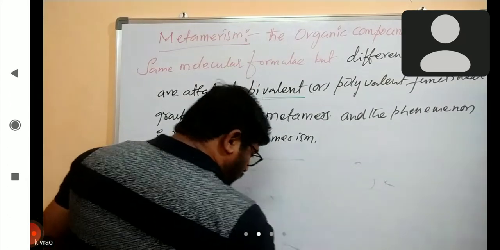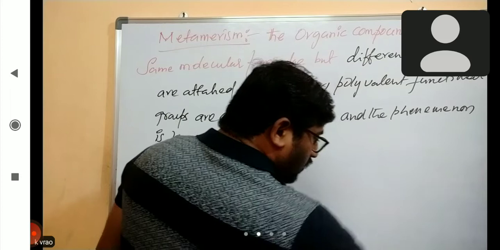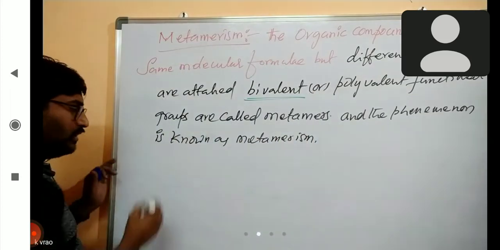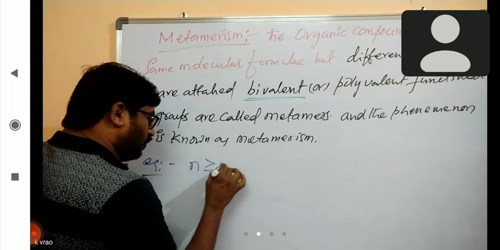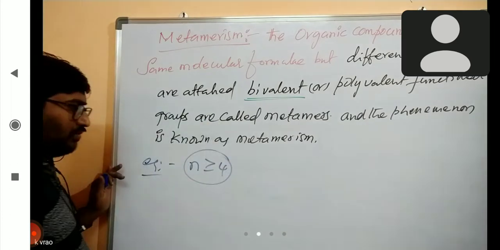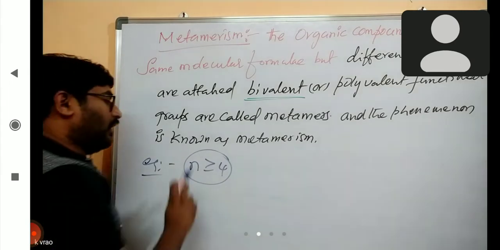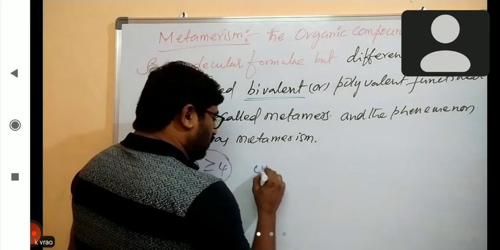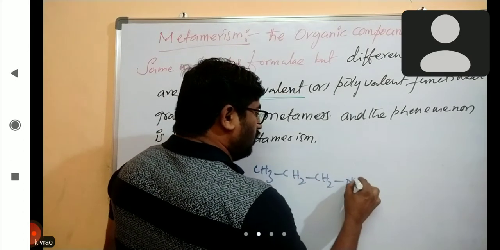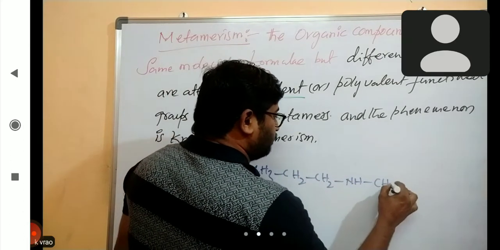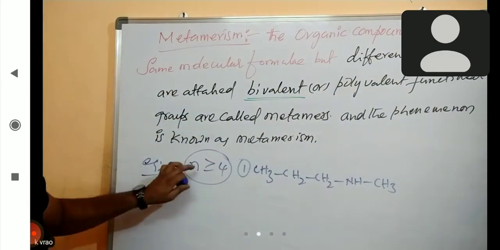Now, organic compounds containing nitrogen, the amines topic. So we go through the amine examples. Example 1: n is greater than or equal to 4. When n is equal to 3, it's not possible to write the metamer. So see the example: CH3CH2CH2NHCH3. This is structure 1 with n equal to 4. n represents the number of carbons.